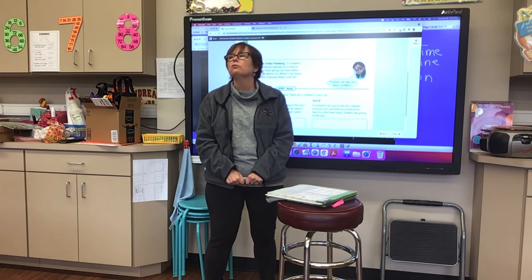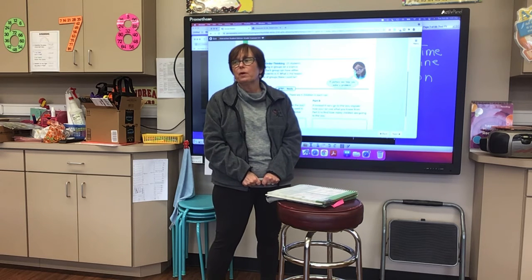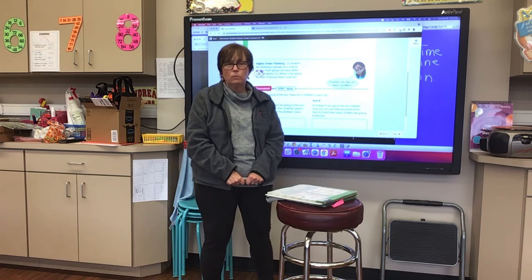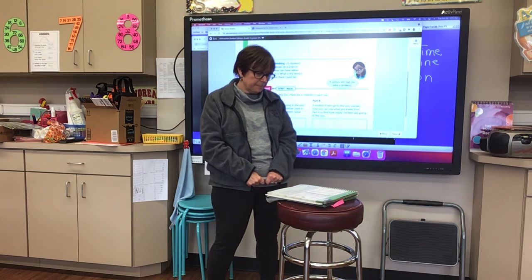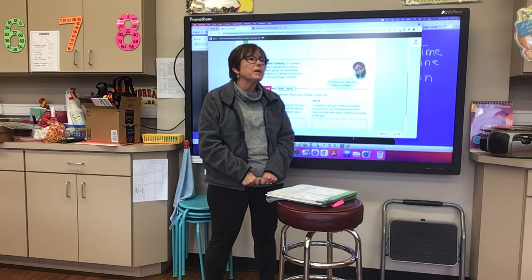Or why don't you actually draw a picture and see how many groups you can make with 2 or 3 in a group. Each group can have either 2 or 3 in a group.